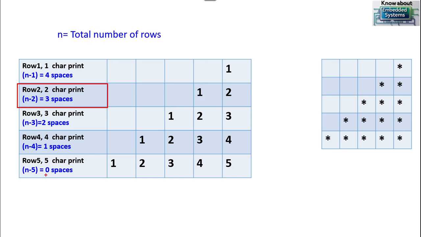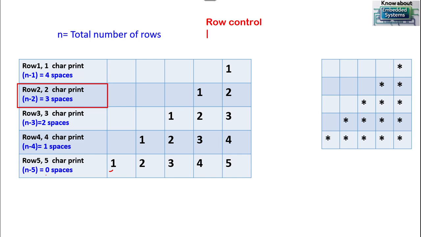So now 3 parameters are coming: one is row control, second is space control, third is printing. I'll write it down for your understanding. The first is row control, this is for the first for loop.